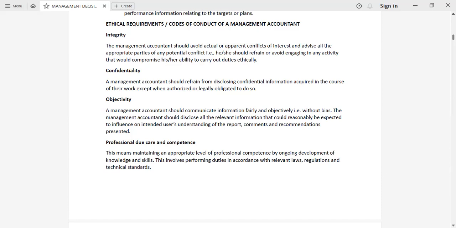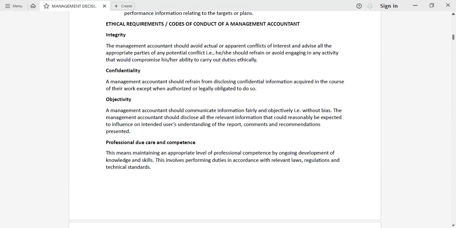So we expect that the management accountant executes his or her duty honestly, even when no one is watching. And that calls for doing what is right, or you do the right thing to avoid a conflict.